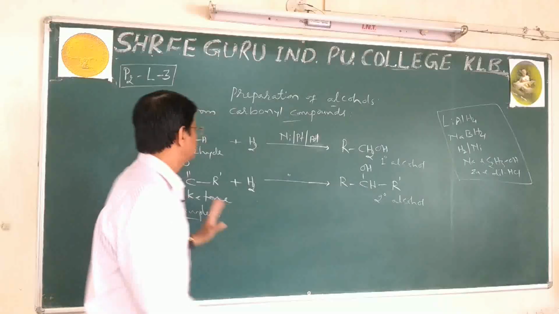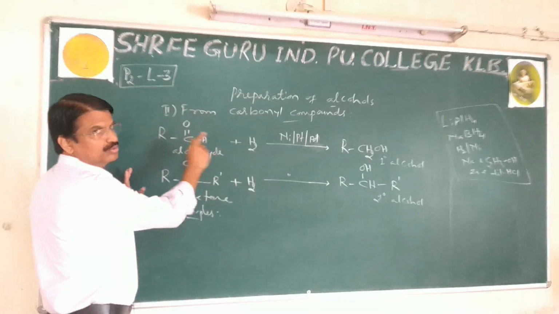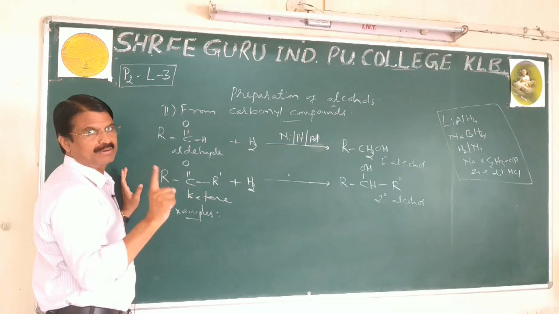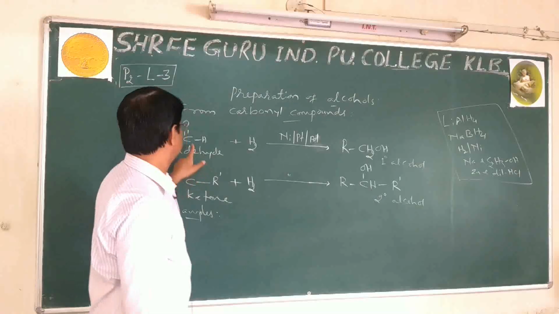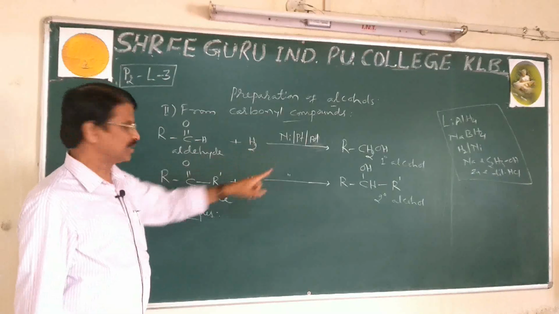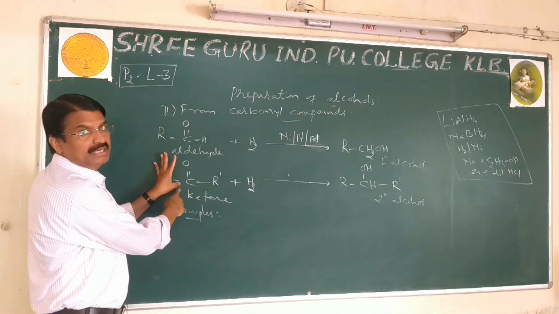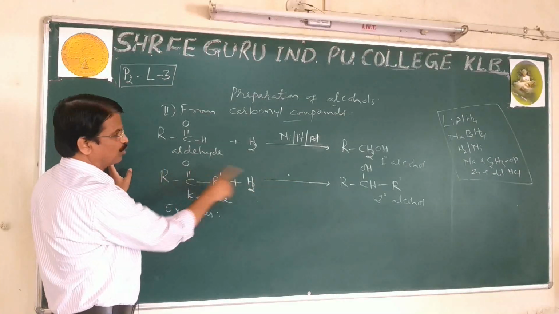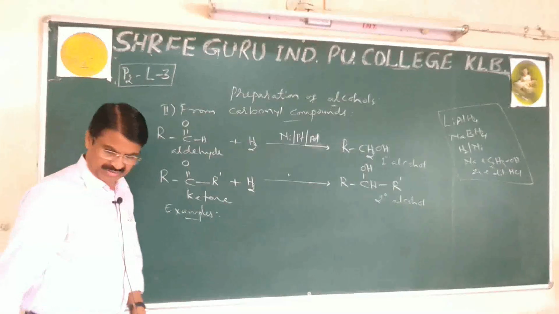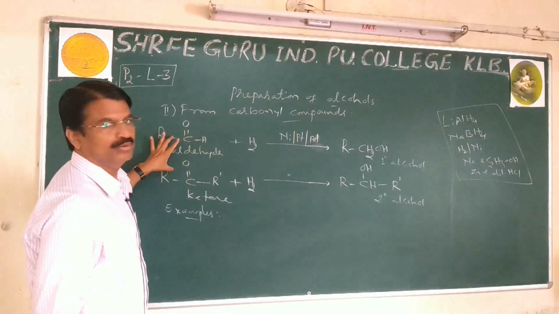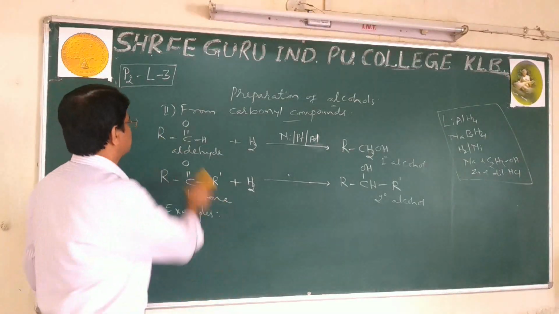All these convert C double bond O into CHOH. That's why aldehyde gives a primary alcohol and ketone gives a secondary alcohol. Now we will see some examples of aldehydes and ketones.